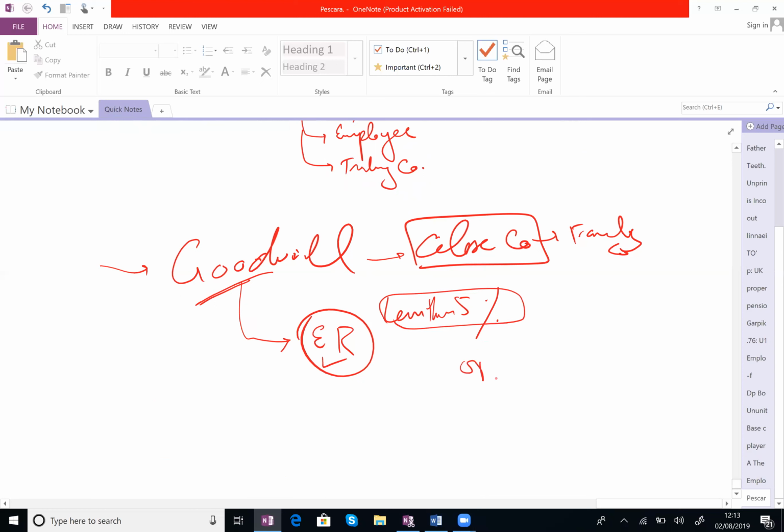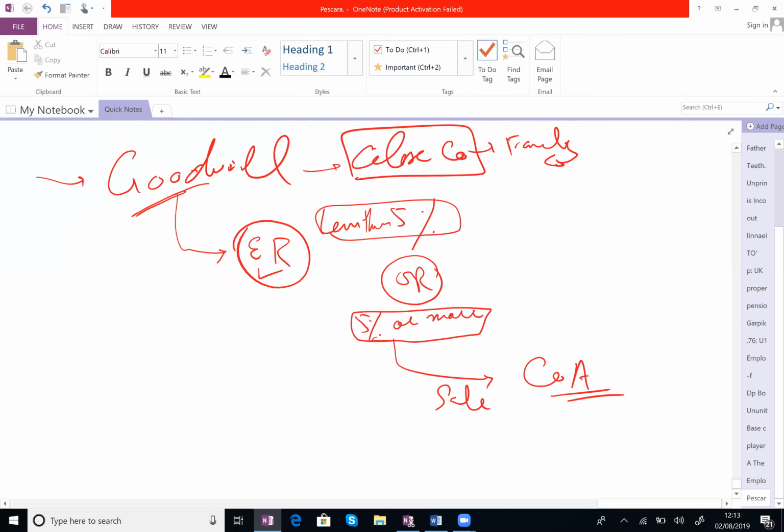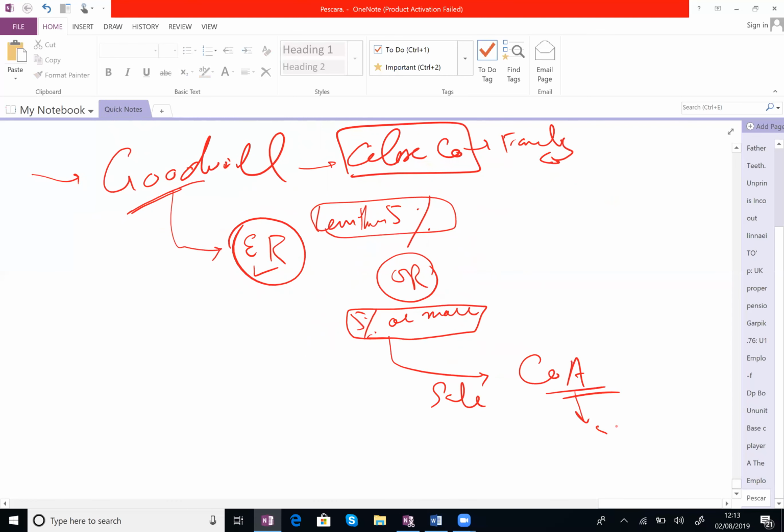Or if you have 5% or more shareholding in the close company, then again you can get the goodwill entrepreneur relief. But the condition is that you sell this 5% or more holding to company A. You are selling all the shareholding to company A. And after the sale, in company A you have less than 5% shareholding. Then you will get the entrepreneur relief on the goodwill of the close company.